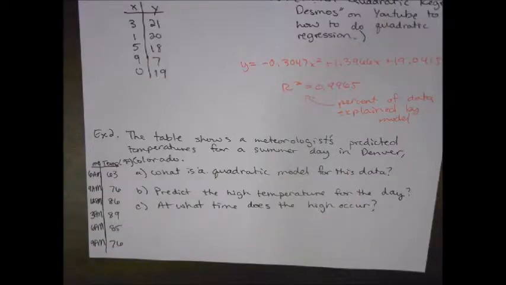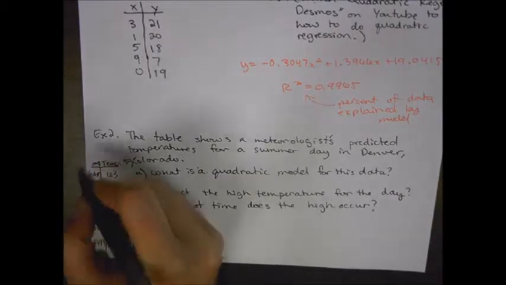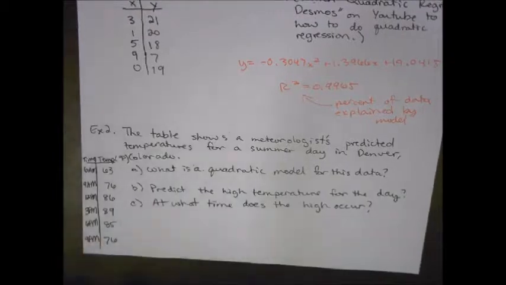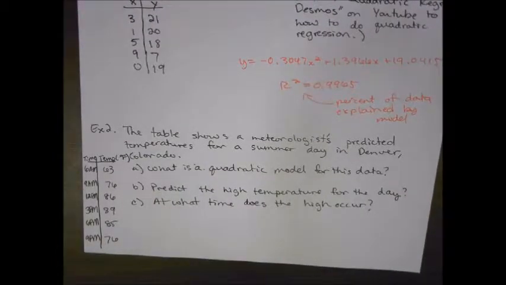Here's our next example. Go ahead and write it down. This piece says time in our table. You might want to pause the video so that you can have more time to write it down.